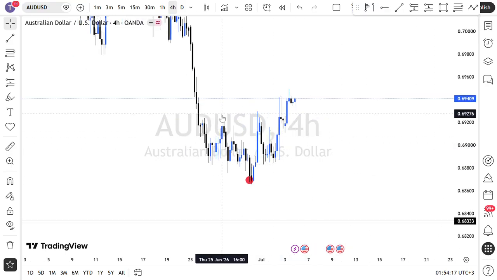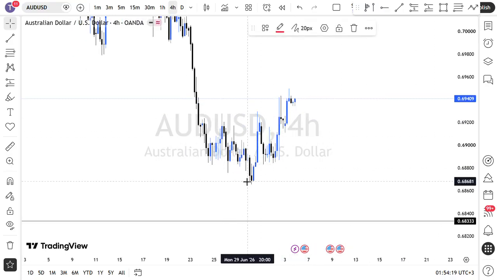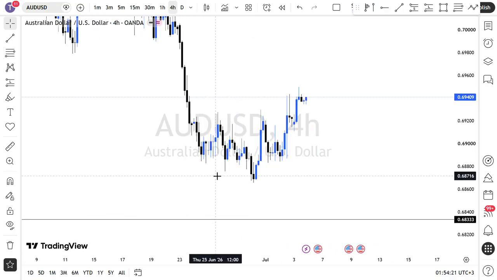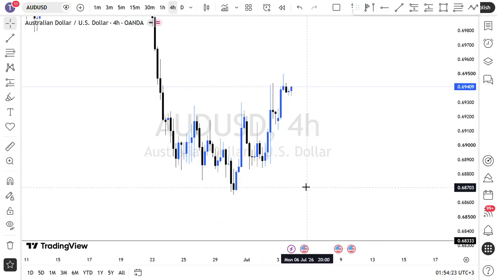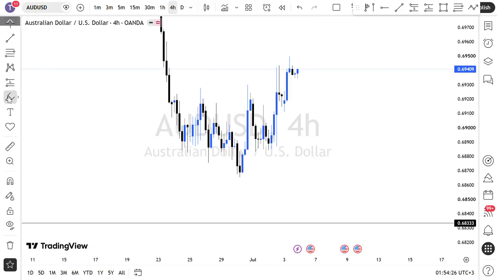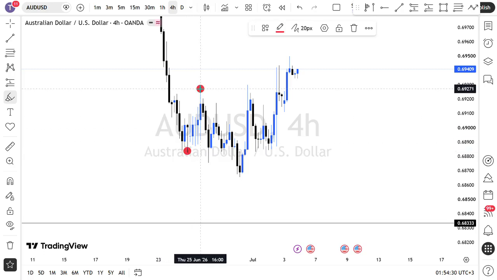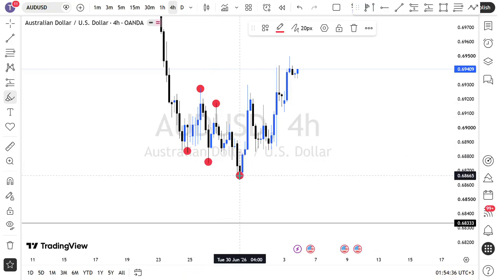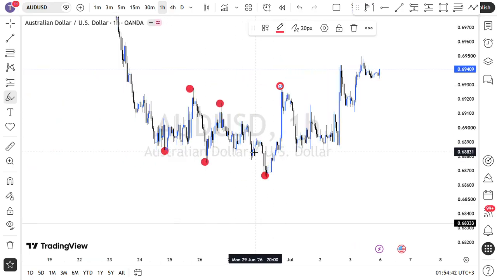We had this high, and inside this time frame the market is also forming some structures. We are going to mark them. The market formed this low here and then formed this lower high before going down to form this lower low, and then formed this lower high, lower low. Later on the market got that high, forming a market structure shift.